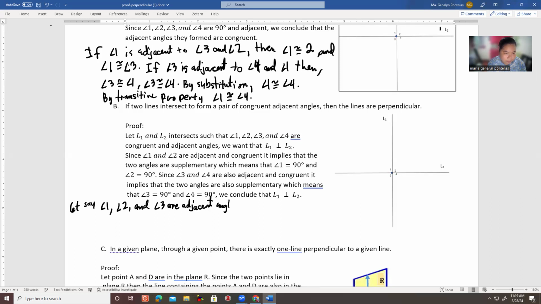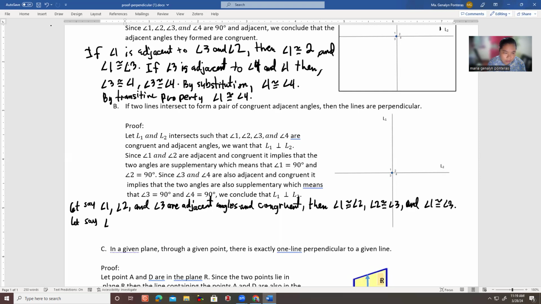If they are adjacent and congruent, then angle one is congruent to angle two, congruent to angle three, and angle one is congruent to angle three.